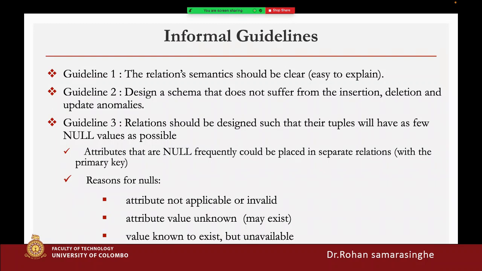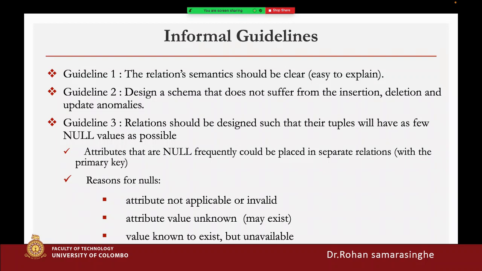Most of the time, people have a landline for their homes. And the office telephone, definitely the office has a telephone, so that cannot be null. Likewise, some attributes can be null, but some cannot be null, especially the keys: primary key, foreign key, and some key attributes of that relation.